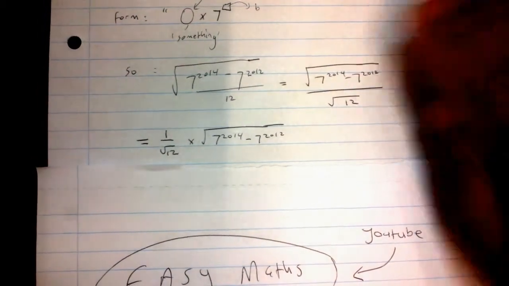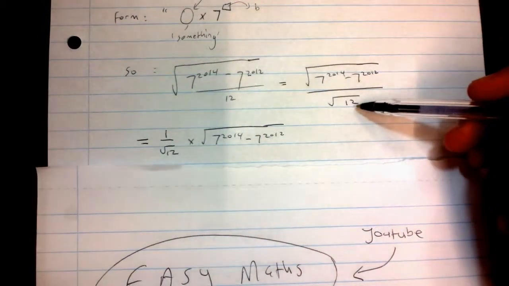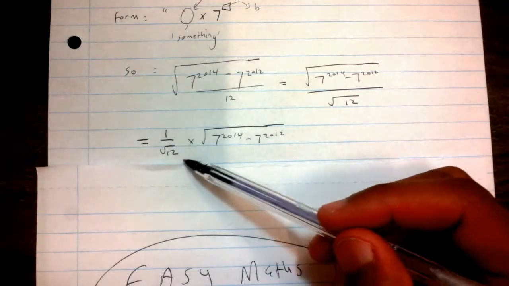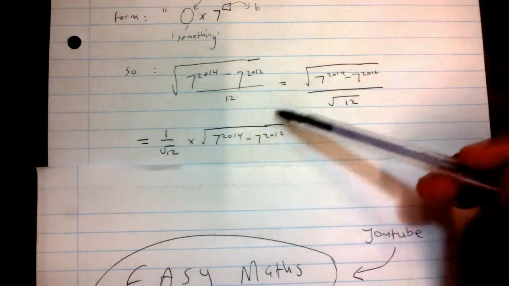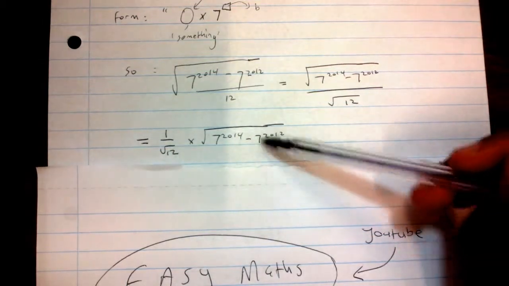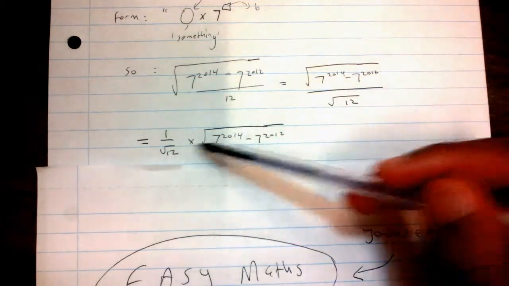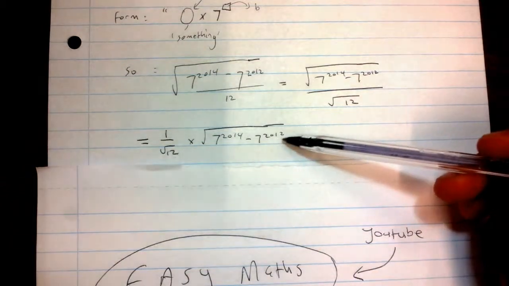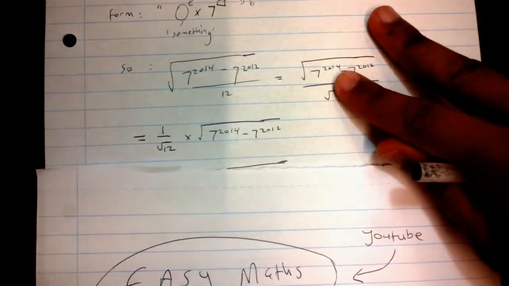Because it's divided by root of 12, you can write it as 1 over root of 12 multiplied by the root of 7 to the power 2014 minus 7 to the power 2012.